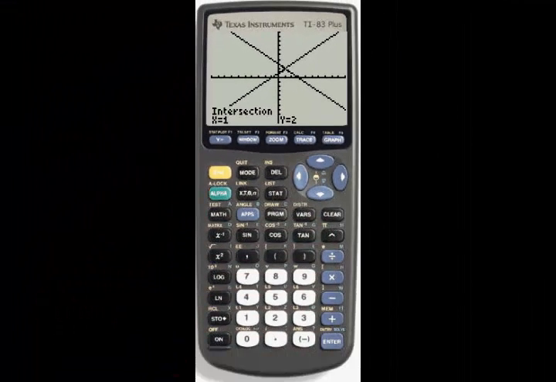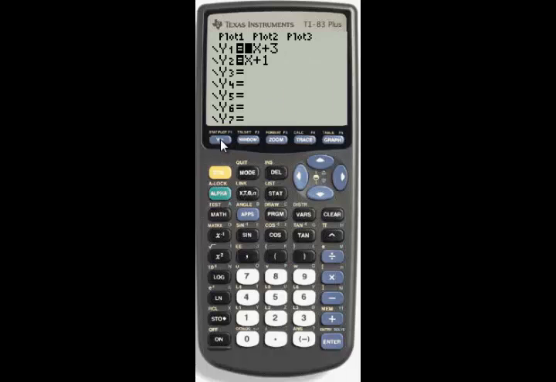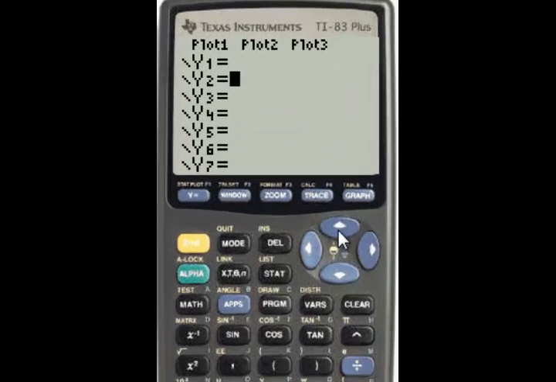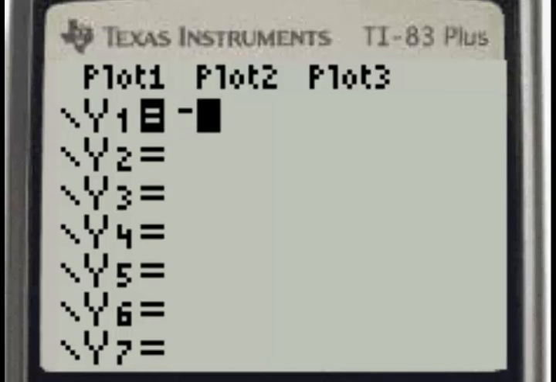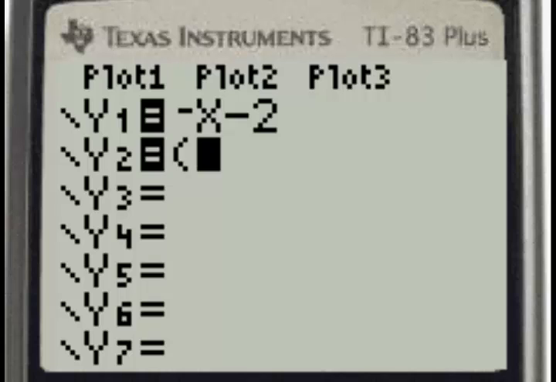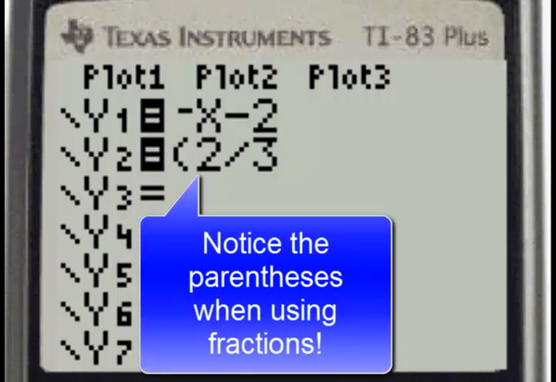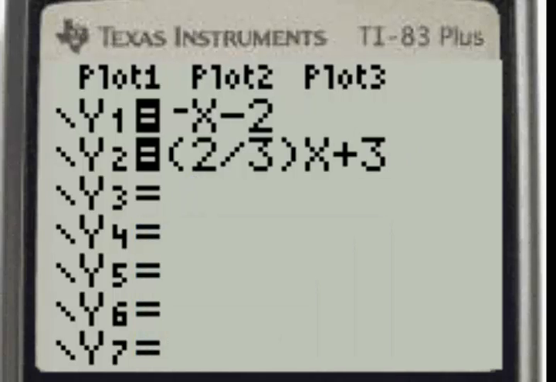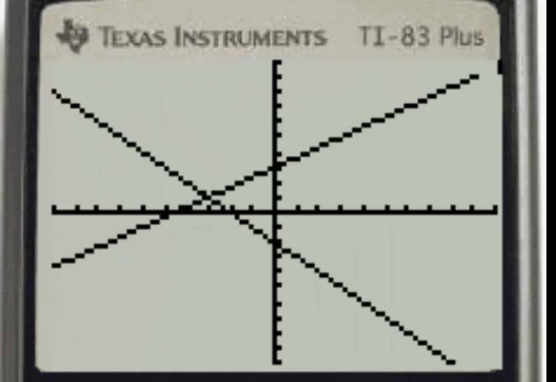That's it. And I'll show you again. Go back to y equals, clear out what you've got. Put in your negative x minus 2 and your 2/3 x plus 3. You should see this. Now, just by looking at it, it looks like, I don't know, negative 3, 1?